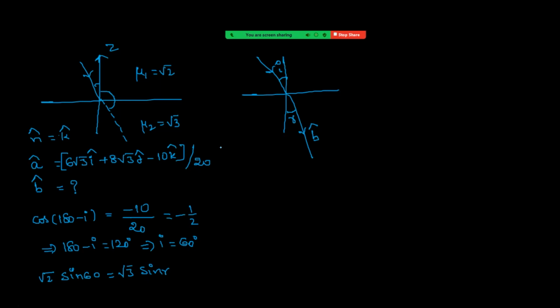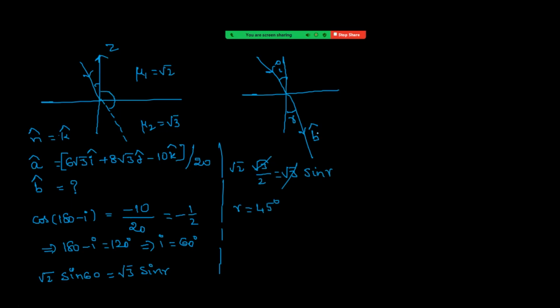Let me do the calculation here. Root 2 times sin 60, root 3 by 2, is equal to root 3 into sin R. Root 3 gets cancelled, and here 1 by root 2, that means R is equal to 45.